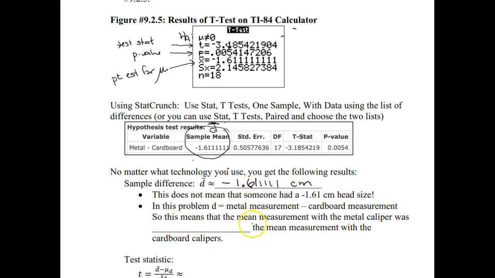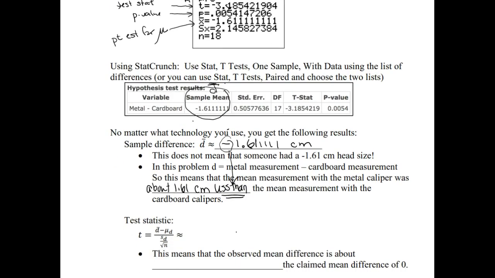So this means that the mean measurement with the metal caliper was about 1.61 centimeters less than the mean measurement with the cardboard calipers. So again, this is a positive 1.61. The negative is taken care of in these words less than.